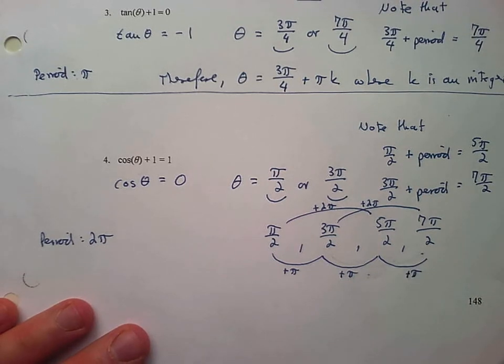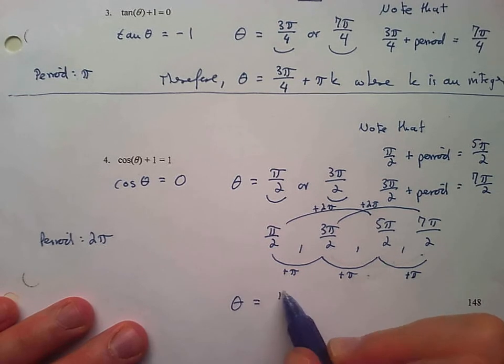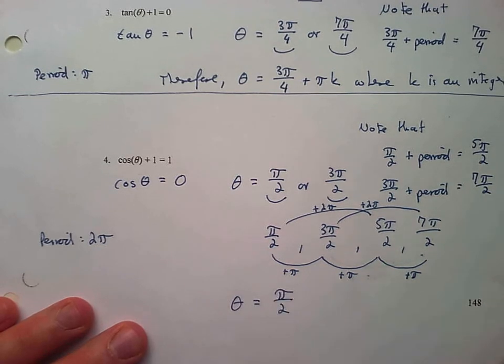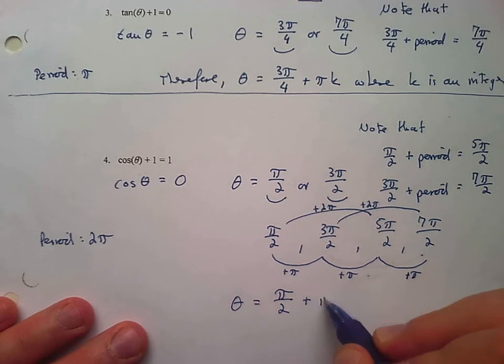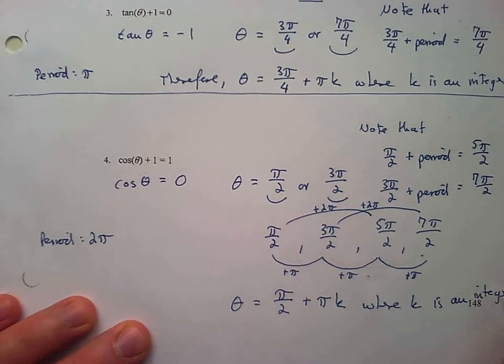So the way that we can write this then is that we can say that theta is equal to, we're going to start off on our first solution, pi over 2, and now we can add multiples of pi to this and still end up at a solution. So therefore we can say here that k is an integer.